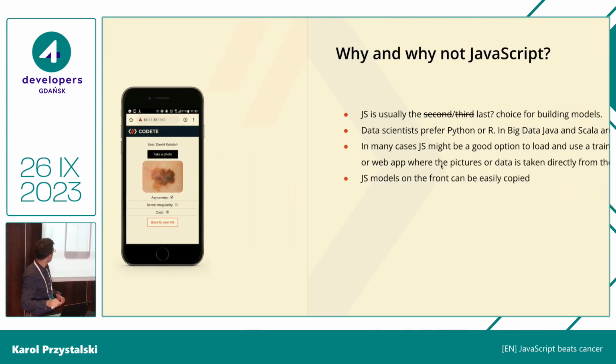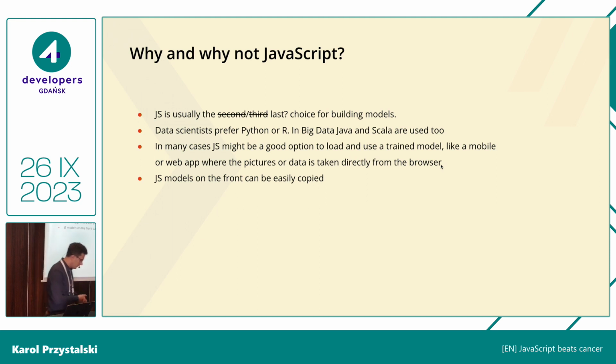devices. All right, so why JavaScript? If you think about machine learning, because in the back it's machine learning, do you think JavaScript is the first language that comes to your mind? Is it the second language that comes to your mind when building something with machine learning? Not exactly, right?